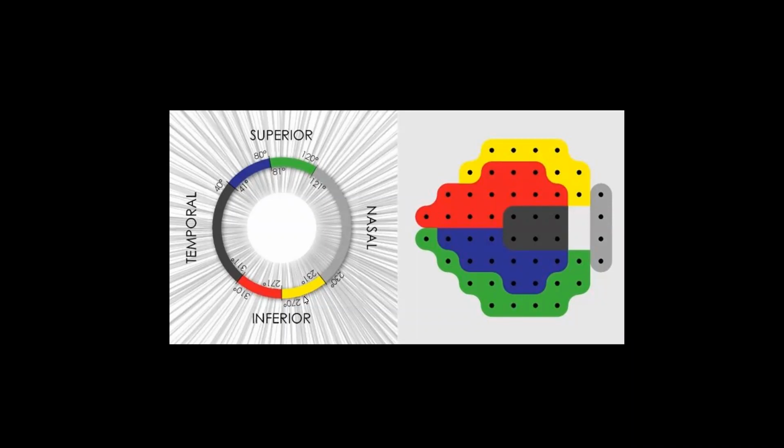Most of the things in the Garway-Heath map are inversed. On your left hand, what you see is a circular band that mimics the optic nerve head.